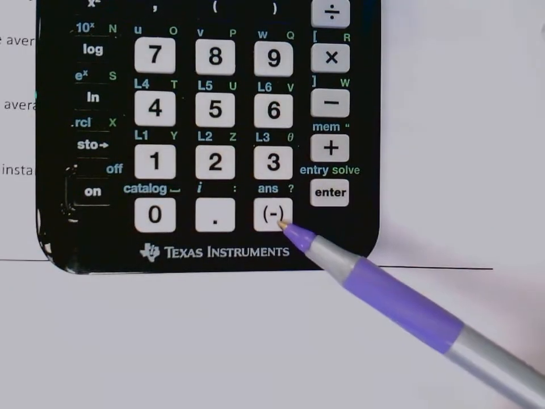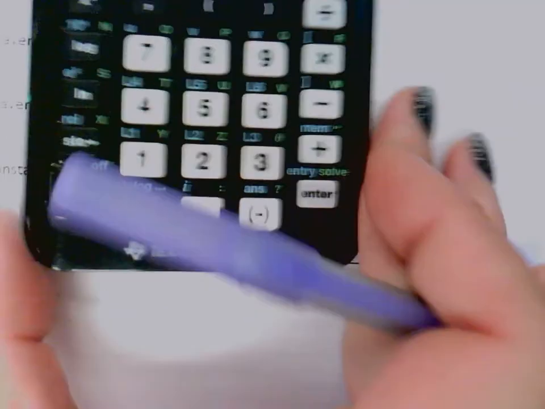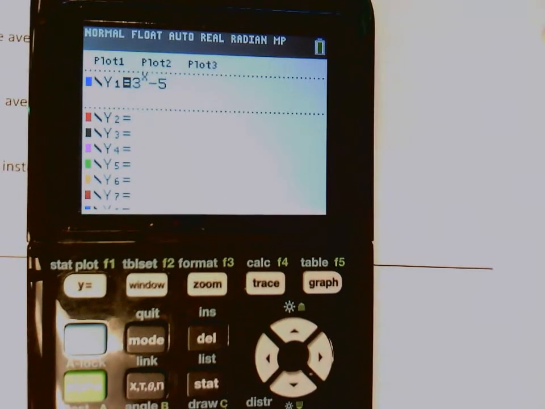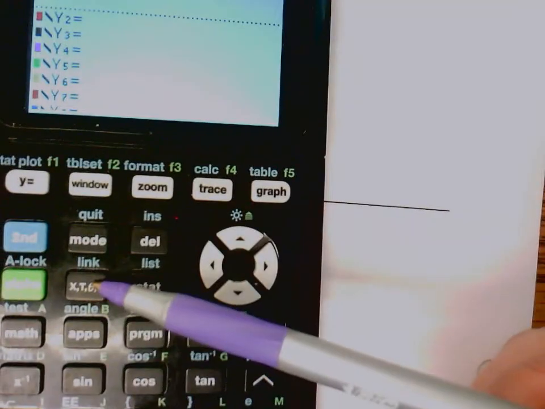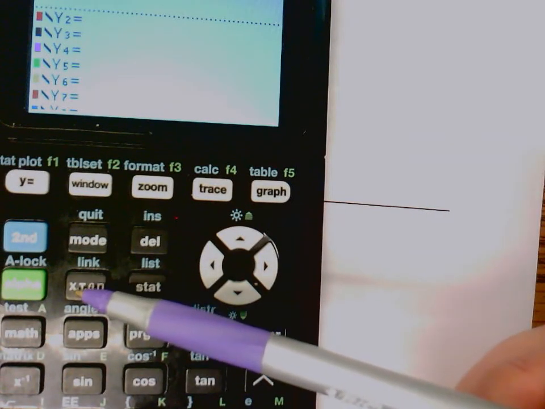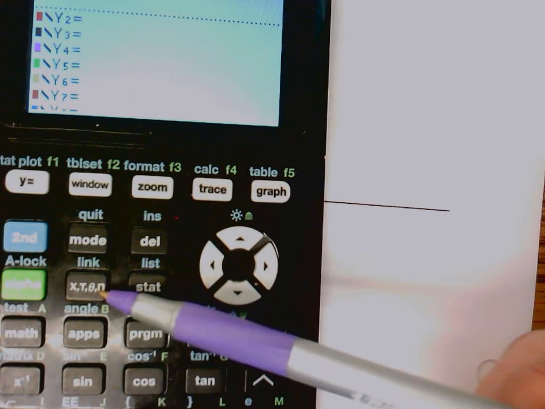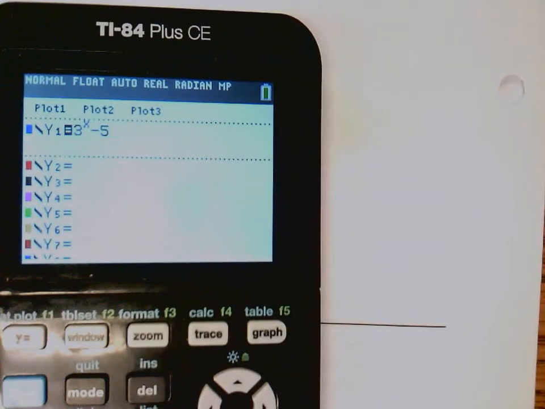That's the negative sign, that's the minus sign. It'll multiply it instead of subtract it. Is everyone okay on how to type that in? To raise it to the exponent, you type the exponent. The x key is right here under mode. See x comma t comma theta comma n. That's the variable key. So it's actually this key.